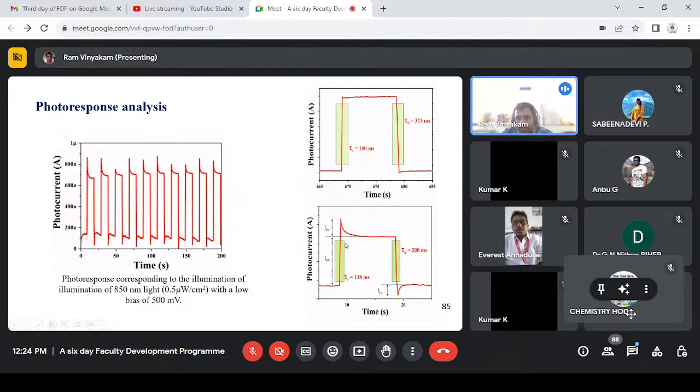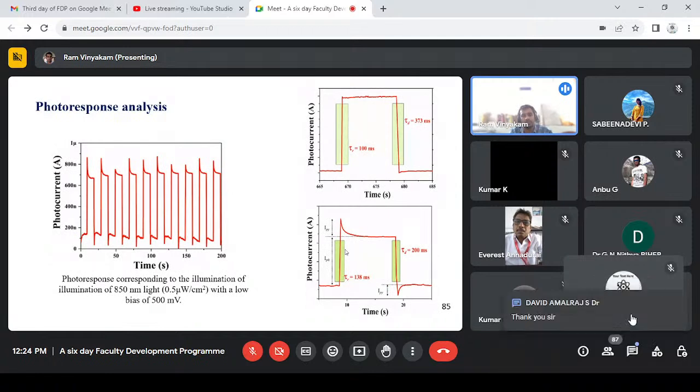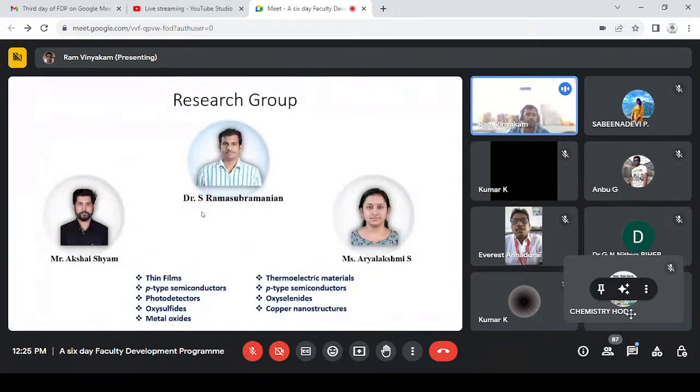So here, the advantage we had compared to the previous stage is that we could extend the selectivity. That means it is not only a UV detector; we started from the visible and moved to 850 nanometer IR. It shows a considerable reduction in the IR.